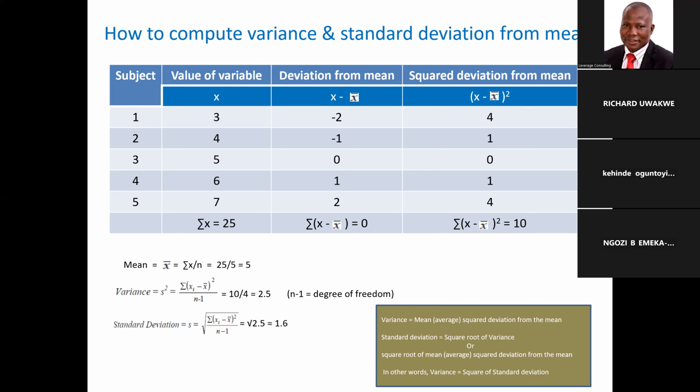But the individual weight varies. As some are losing weight, some are gaining weight. So at the end of the day, the average weight in the population is constant, but what changes is the individual weight.